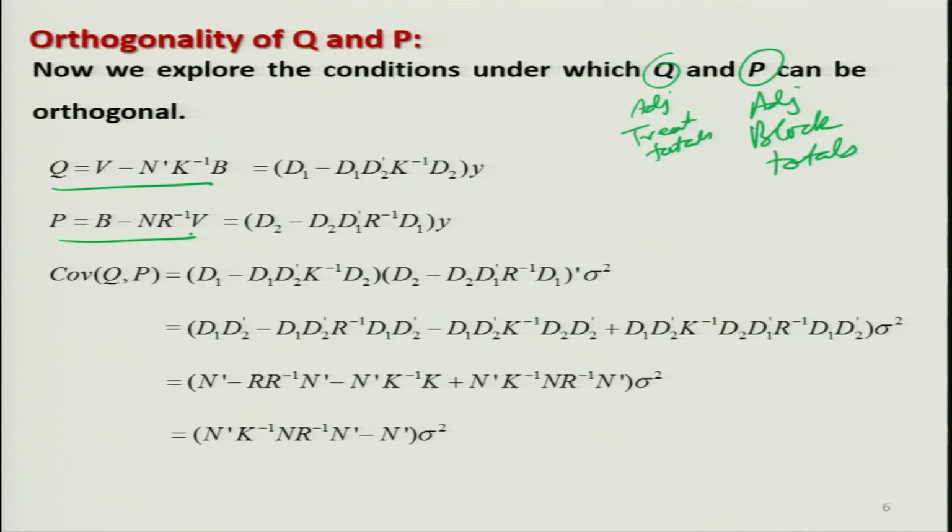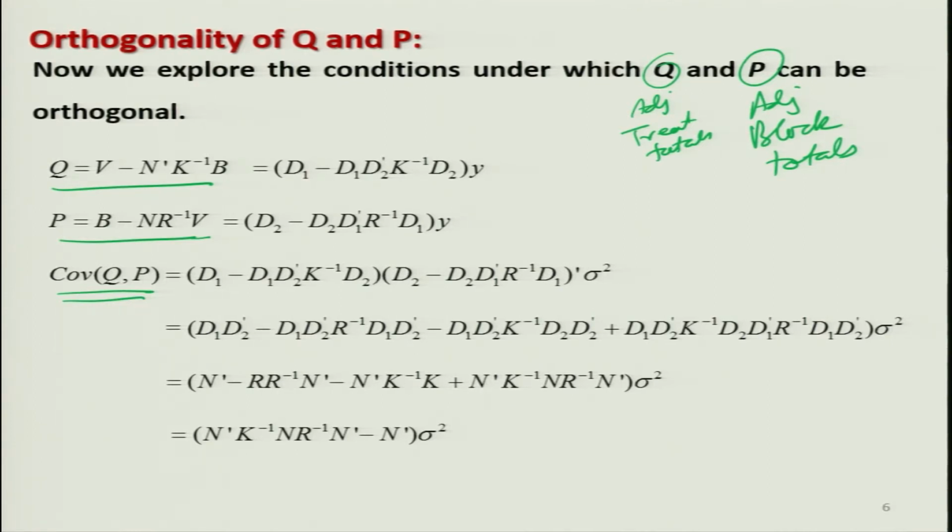Q is equal to V minus N transpose K inverse B, and P is equal to B minus N R inverse V. Now, basically you have to find the covariance between Q and P. Now, you can use any of the approaches that we discussed in the last lecture, right. You can use the summation approach, you can use the matrix approach directly, or you can convert the variables in terms of D1 and D2, all are going to give you the same result.